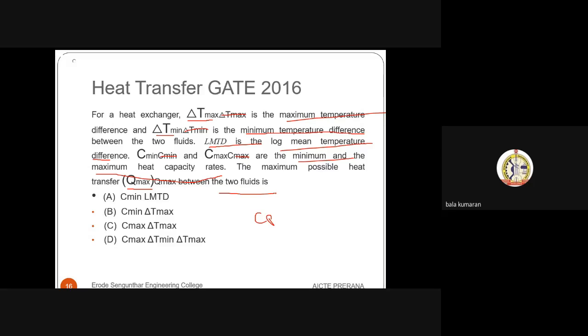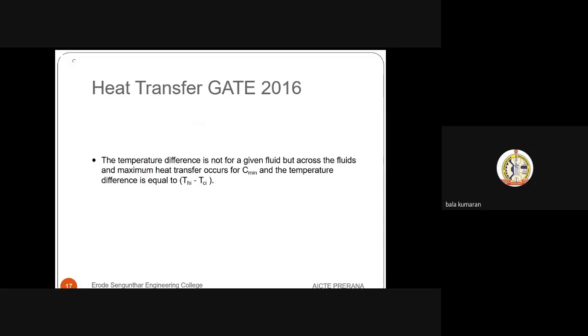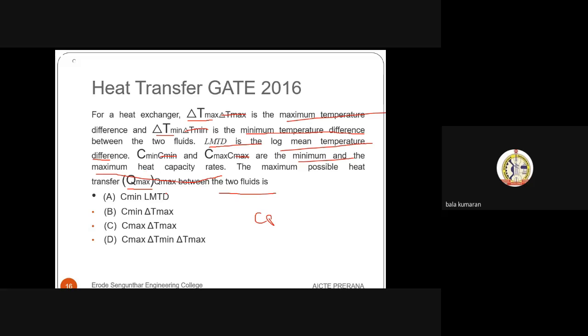The maximum heat transfer occurs for C minimum and the temperature difference equal to THI minus TCI, which means higher temperature minus lower temperature. So C minimum and this temperature difference is your answer.